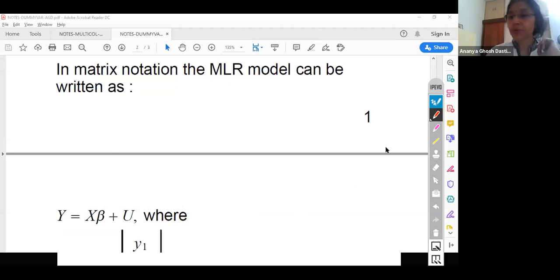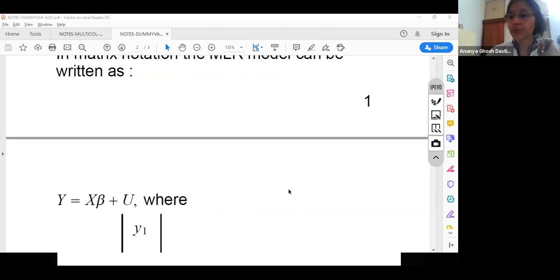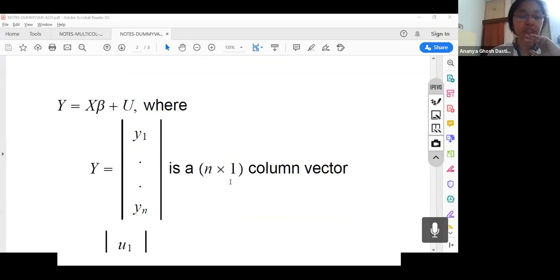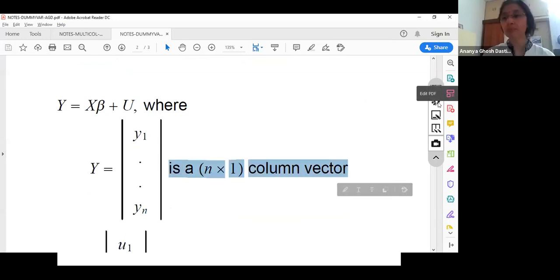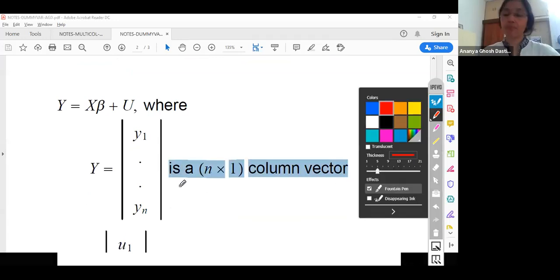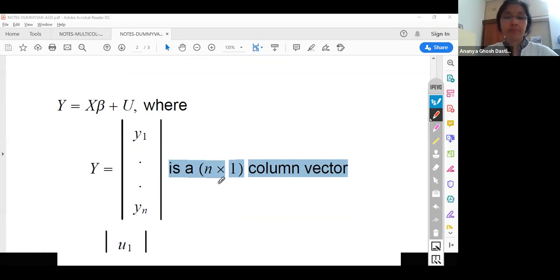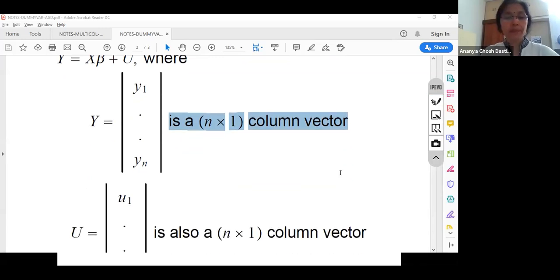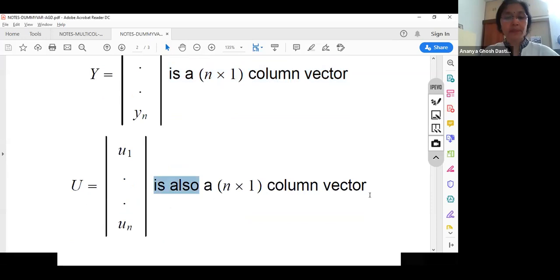When I'm writing out in matrix notation, Y is a column vector. And then the errors are also a column vector.